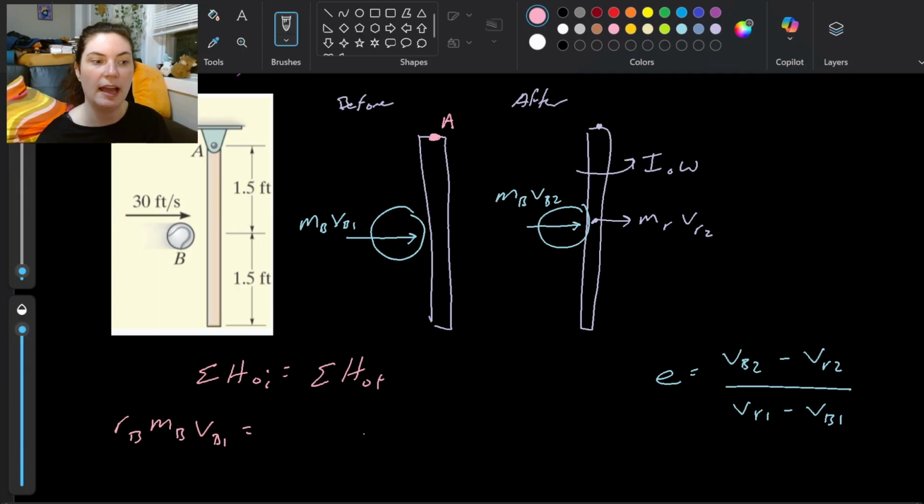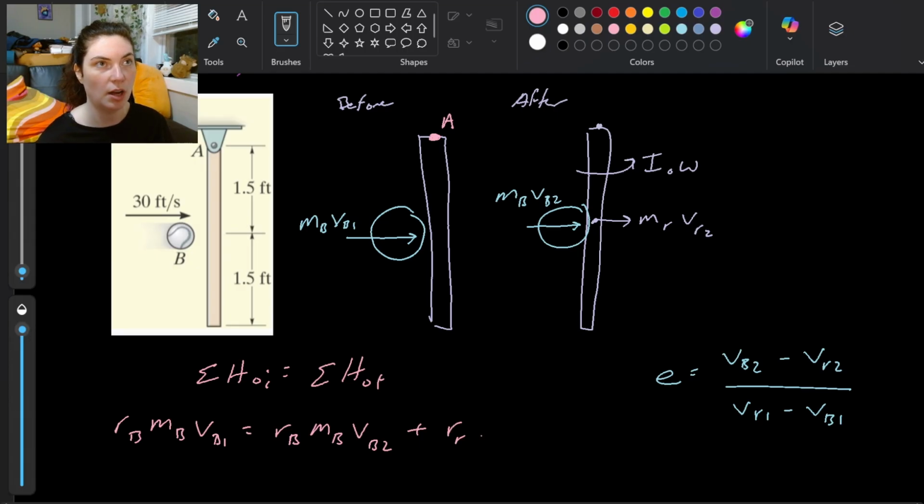And then we'll take a look at everything that's causing momentum in the system in the after. So that's going to be RB again, MB again, but now VB2, the final velocity of that ball. Plus, same for our rod, right?